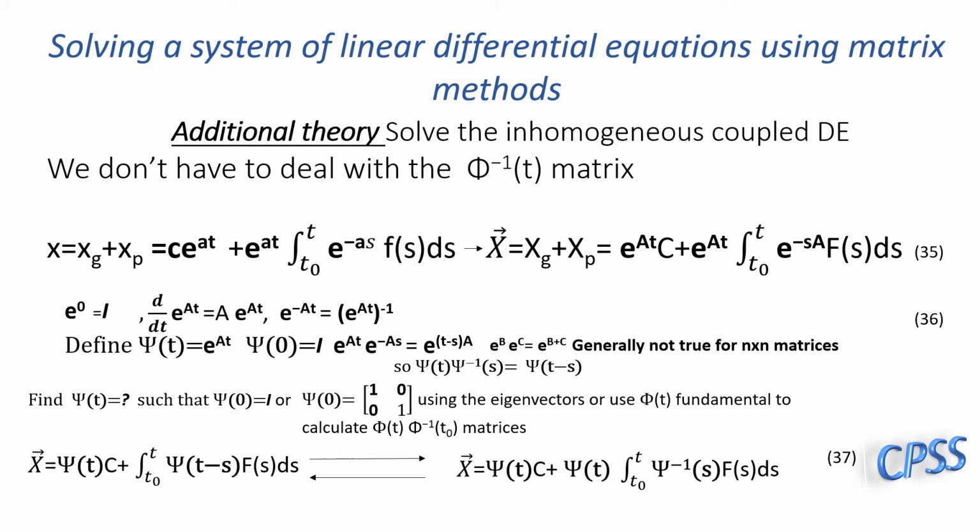So we have to be careful of that. But we know that, as with the scalar exponential, when t is equal to 0 the exponential is equal to 1, but for the matrix it actually equals the identity matrix.